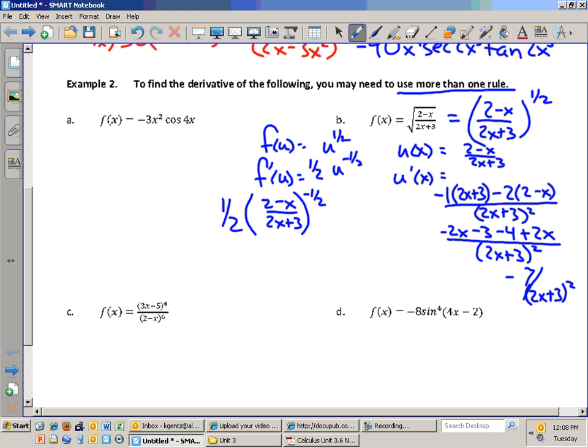Right? Times 7 over 2x plus 3, that quantity squared. Sorry, negative 7.